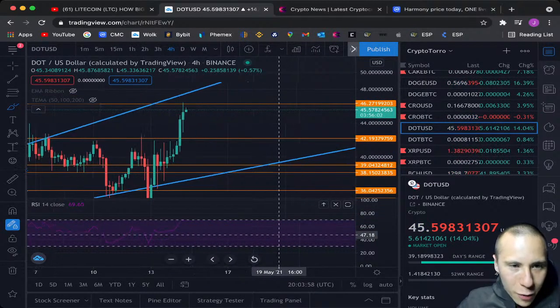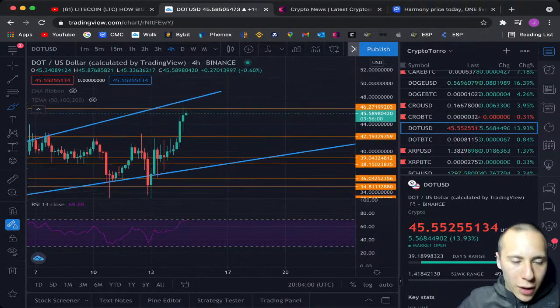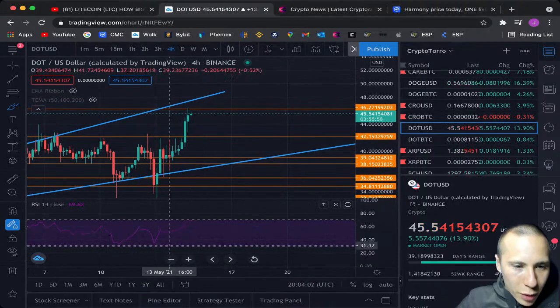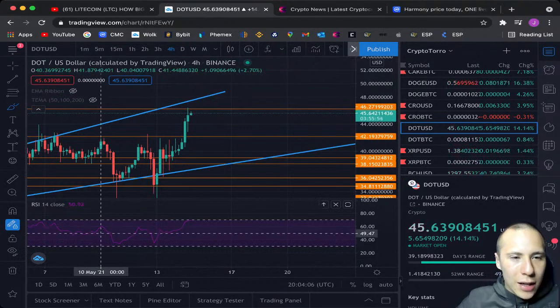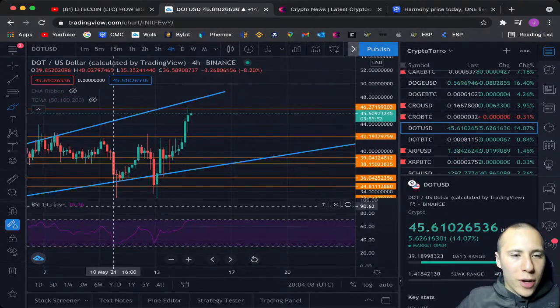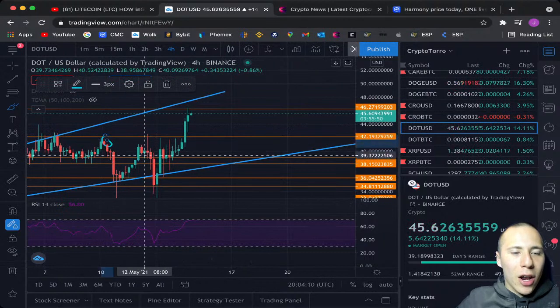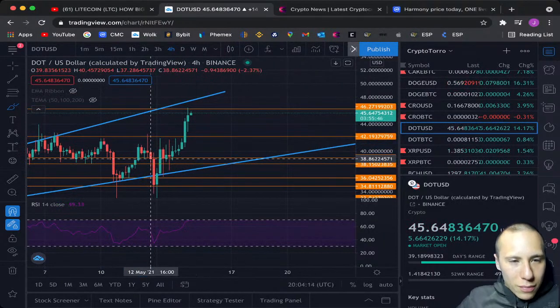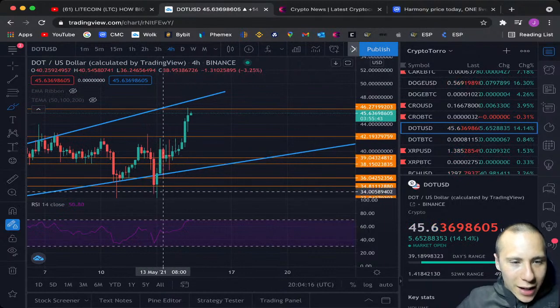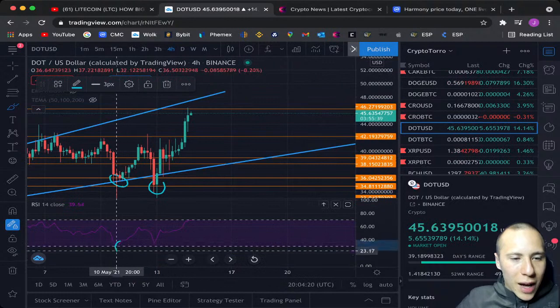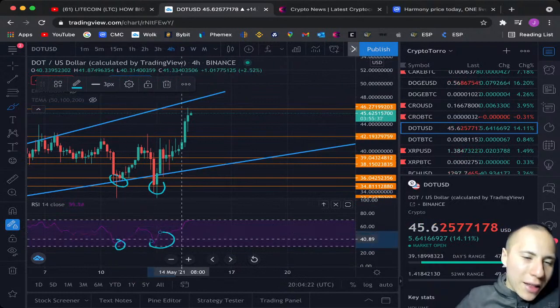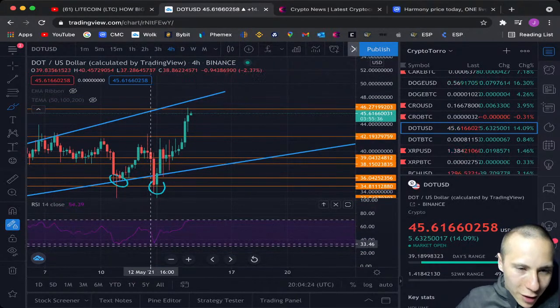And let's take a look if we are spotting any type of bearish or bullish divergence right now on the Polkadot chart. And what I'm seeing currently is nothing really special. We are right now seeing a lower high, but it's nothing big, and we are seeing a lower low, and actually I think it's almost the same level on the RSI.